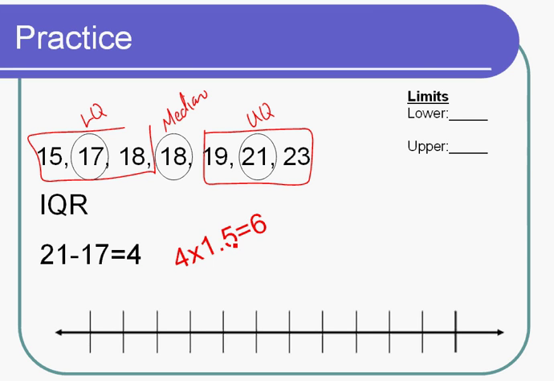I'm going to find my limits. 17, the lower quartile, minus 6 is 11. And I'm going to take my upper quartile plus 6, which is 27. So now I have my lower and upper limits. When I'm looking at the data set, I do not have any outliers for this particular data set.